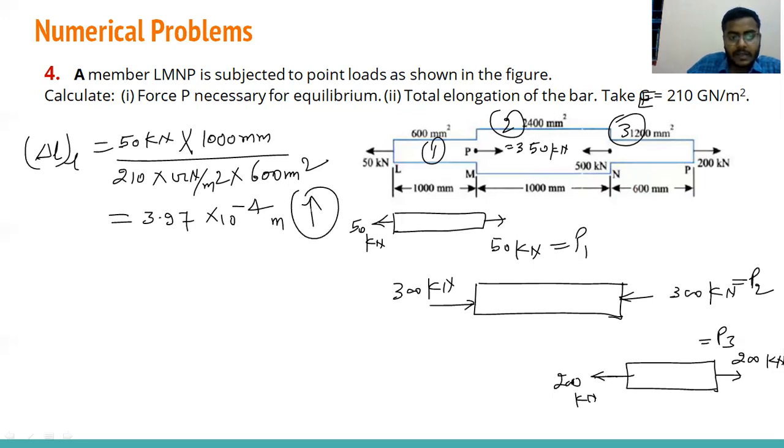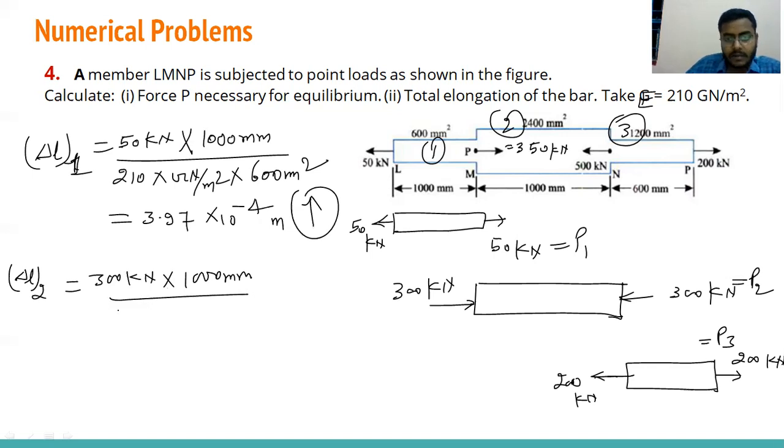This is increased. Now I'm going to calculate for the second one, the middle one, right? In this case, P is changed. It is 300 kilonewton into length, that is 1000 mm.